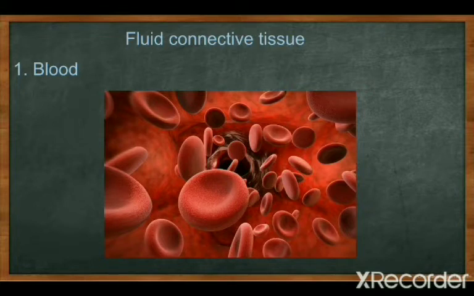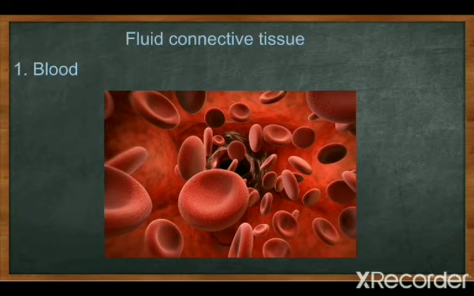In the place of matrix, a non-living component is present that is called plasma. In the plasma, fibers are totally absent. Now the first one is blood. As you already know, it is red in color, slightly alkaline, salty in taste, heavier than water.